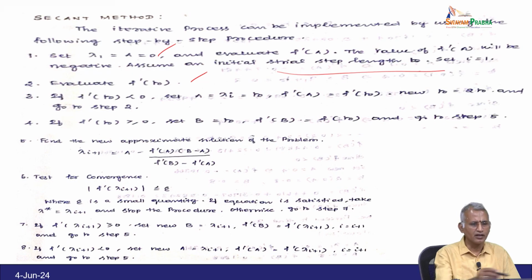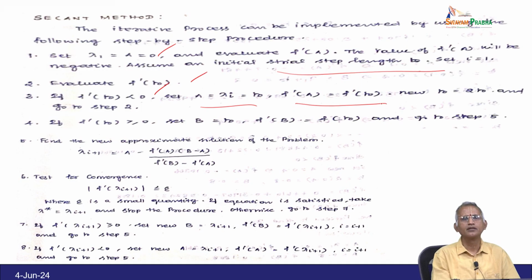If f dash of t naught is negative, then a equal to lambda i equal to t naught, f dash of a equal to f dash of t naught, and new t naught is 2 t naught, and go to step 2. So if f dash of t naught is not negative, set b equal to t naught. Therefore f dash of b equal to f dash of t naught, and go to step 5.